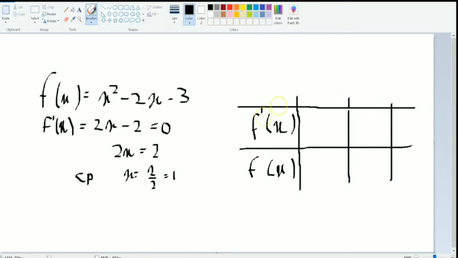This is 1 because it's the critical point. Now we choose the number that is below 1, so let's make it easier, we choose 0, right?